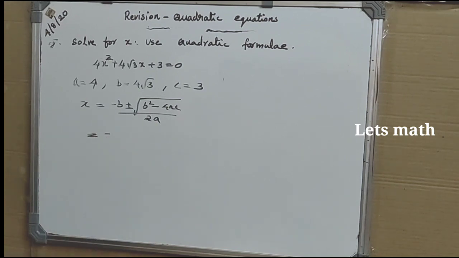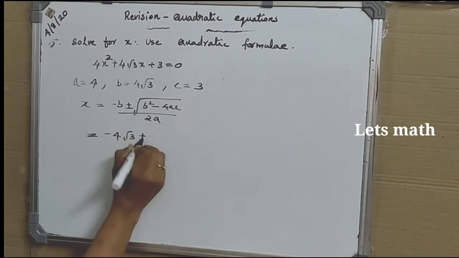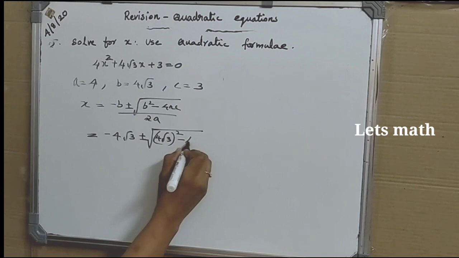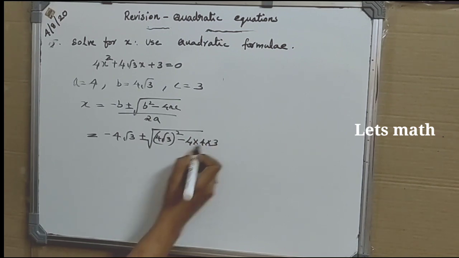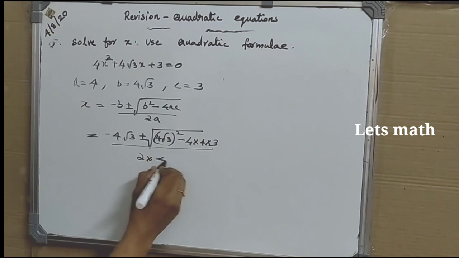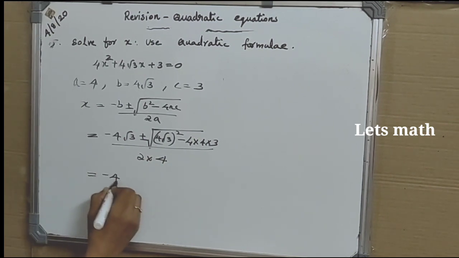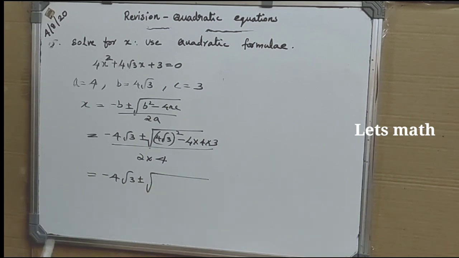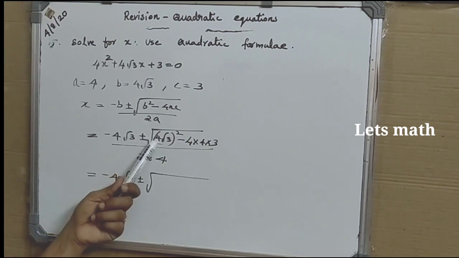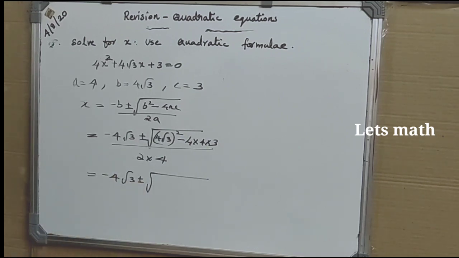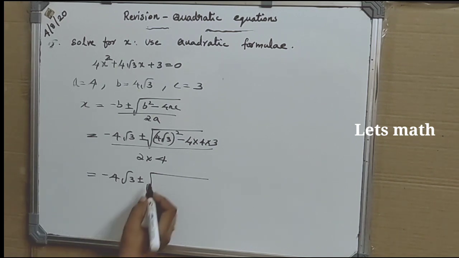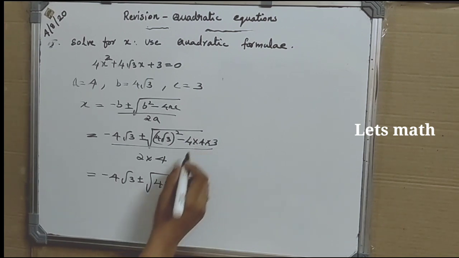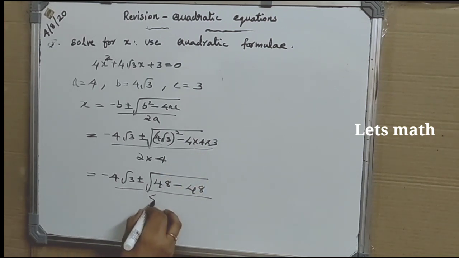Substitute the values: minus 4 root 3 plus or minus root of 4 root 3 square minus 4 into 3 into 4 divided by 2 into 4. That is negative 4 root 3 plus or minus root of, what is 4 root 3 whole square? How to square it? First 4 square 16, 16 into root 3 square is 3. So 16 into 3 is 48 minus 4 into 4 into 3, which is again 48, divided by 8.